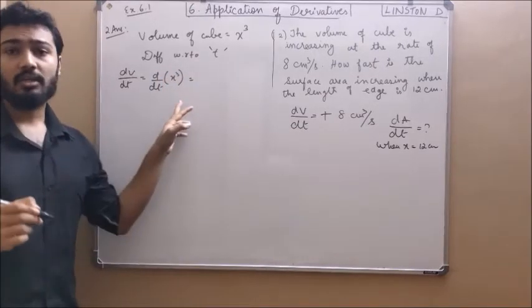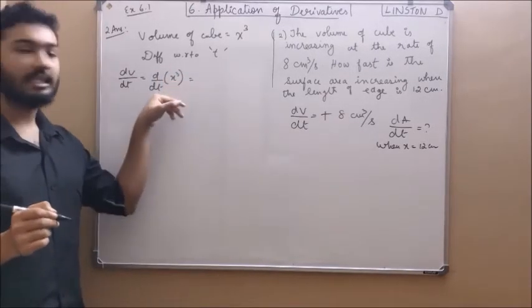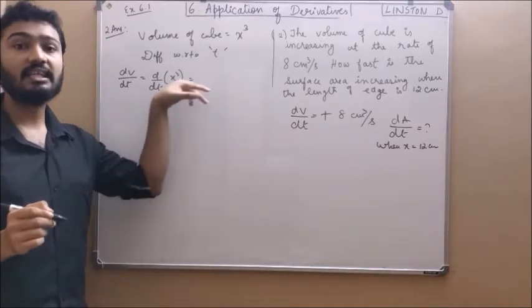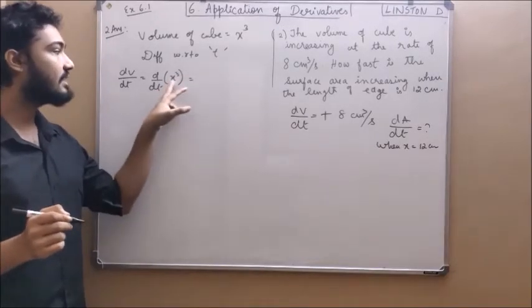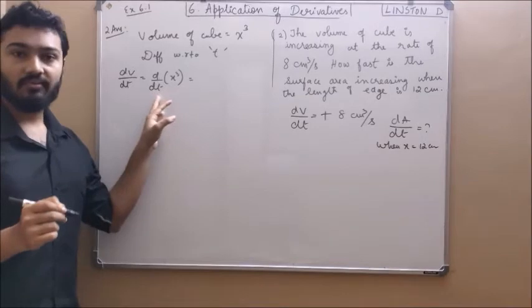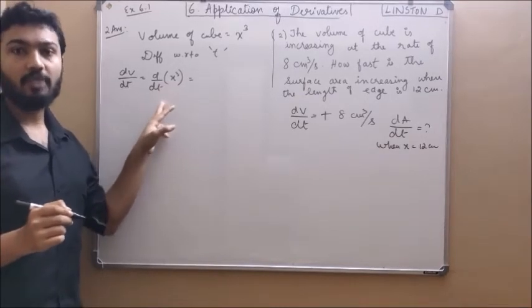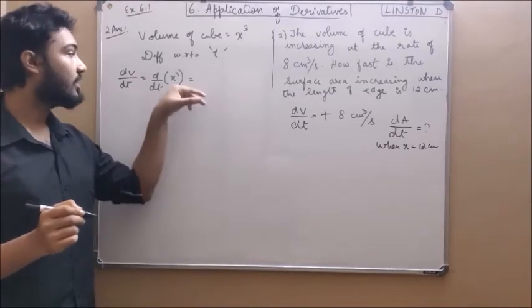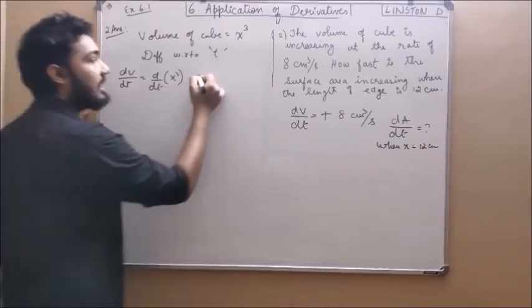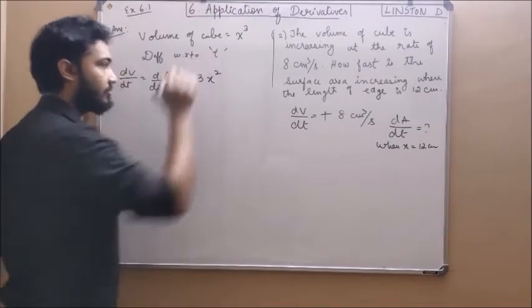Now here one thing to note, x and t are different variables. So x is dependent on t. Therefore x is the dependent variable. We have to differentiate once more. So differentiation of x cube is nothing but 3x square.